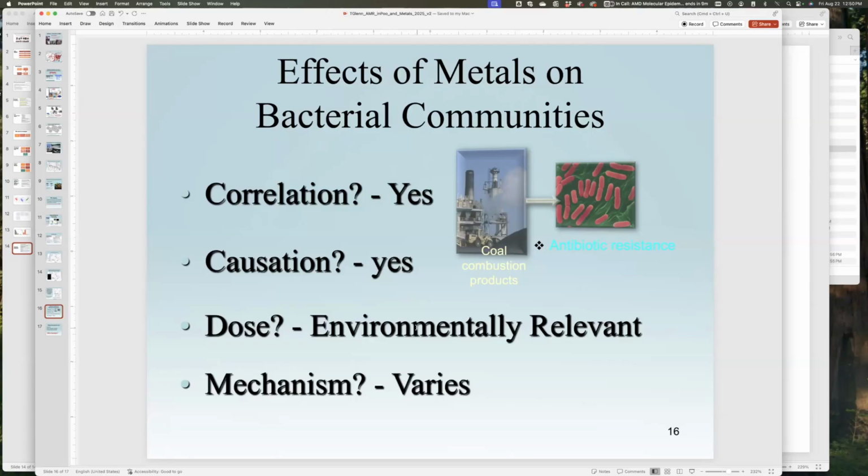We know that the doses were environmentally relevant, so we know that it's an actual thing happening in nature. We started characterizing mechanisms, but that's where the team fell apart for other reasons. We know there were a variety of mechanisms involved, but there's a huge amount of work that can still be done.